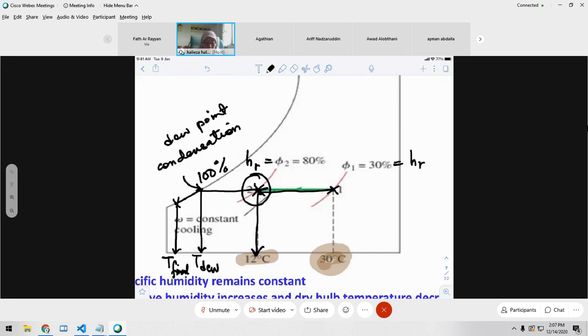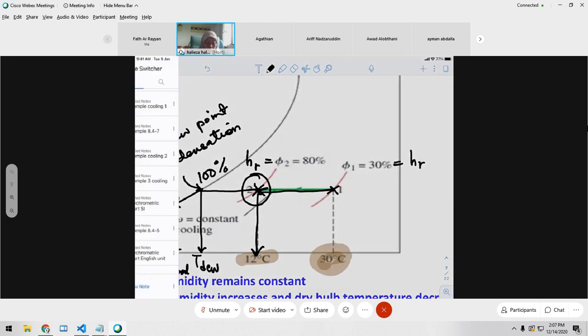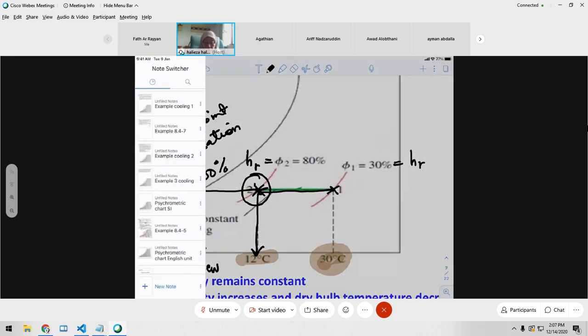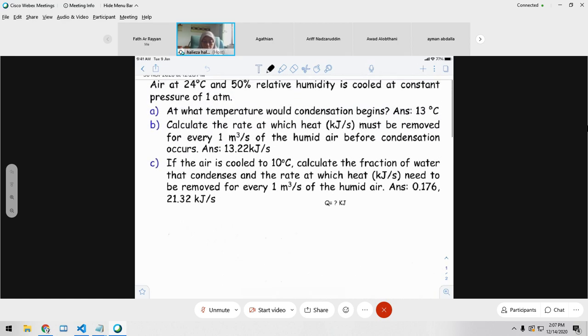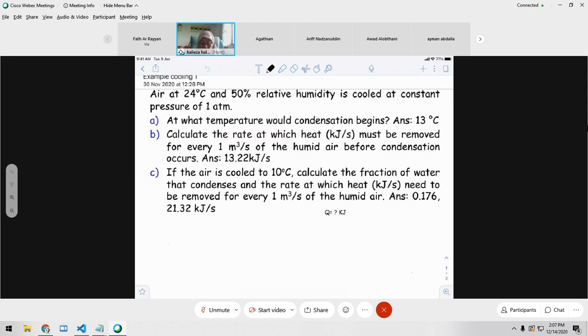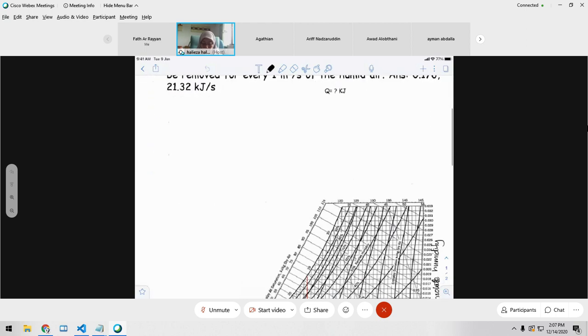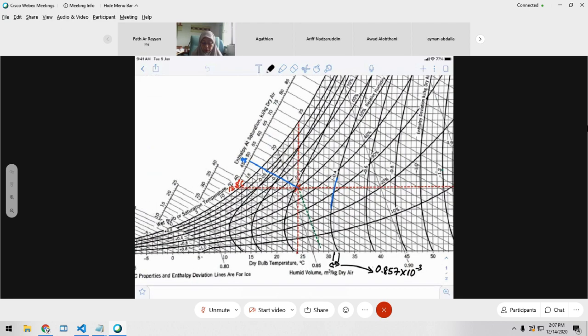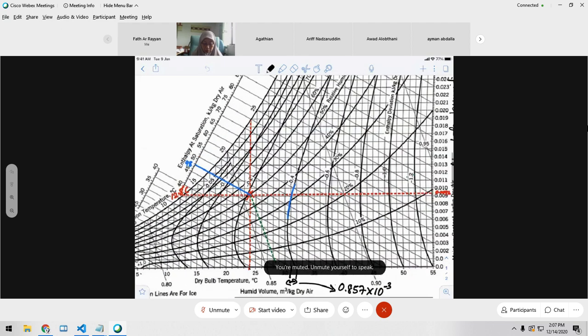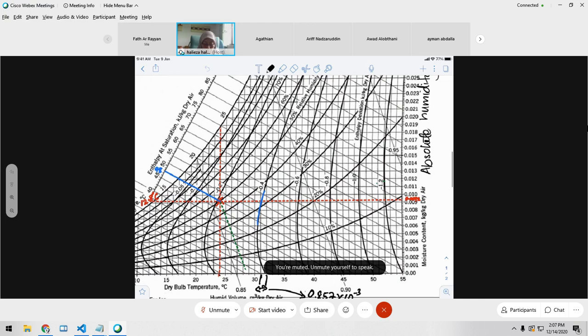So let's look at one example. We did that last time. We look at example 1. This is one example that involves cooling. I have erased what we have done previously so that we kind of start afresh. We have taken our point.